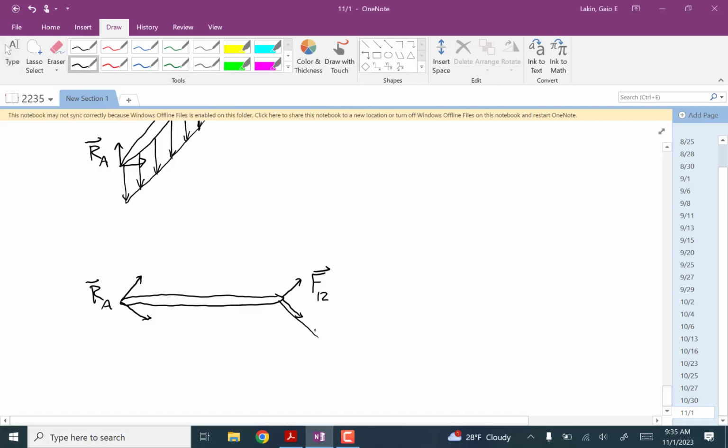And a force of 500 like this. And then you have two distributed loads. I'm going to draw it like this. You can think of it as two components of the distributed load.